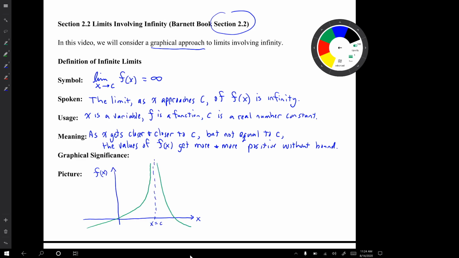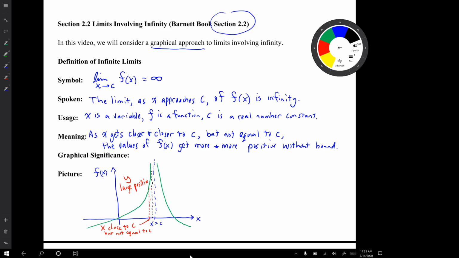Now let's notice on this graph, if I choose an x value close to c but not equal to c, I get a large positive y value. And notice that if I choose an x even closer to c, I get an even larger positive y value. So that's how a graph would look.